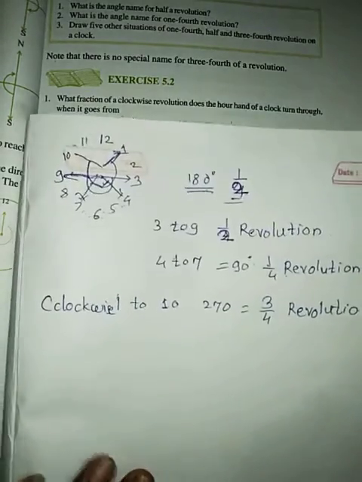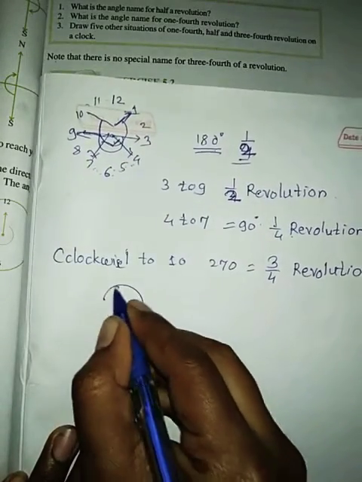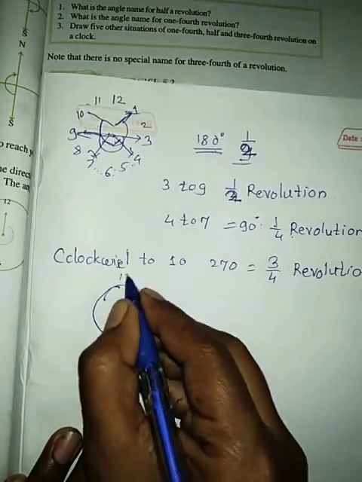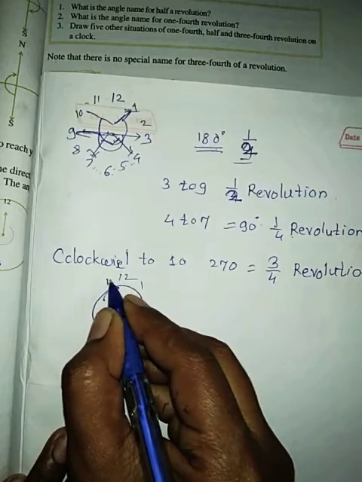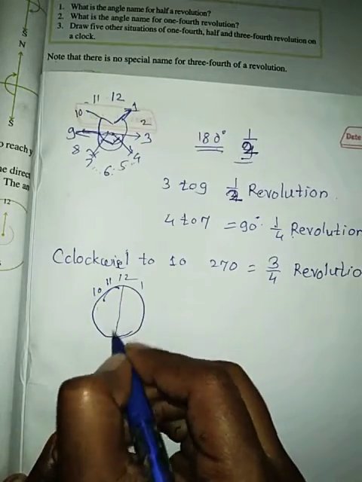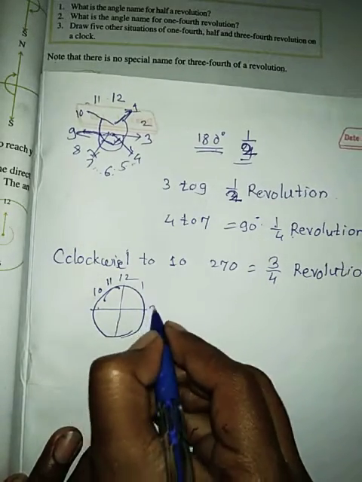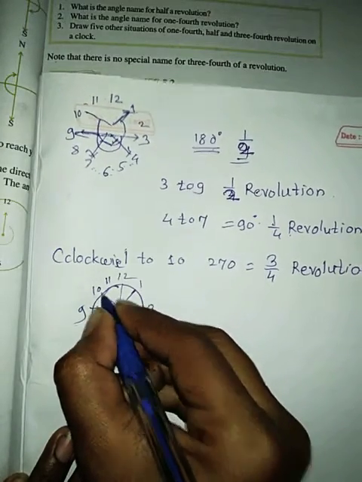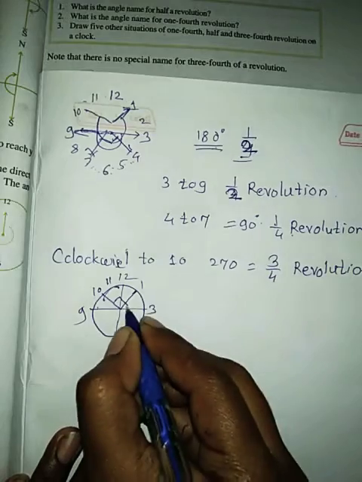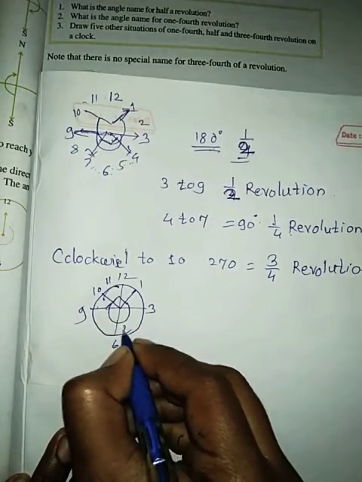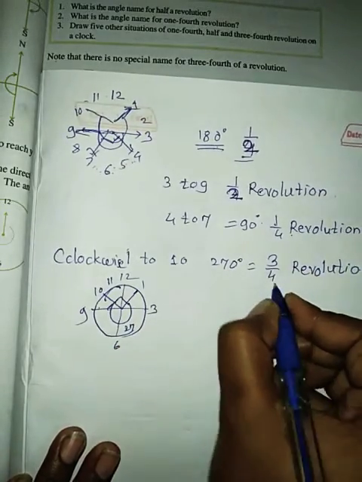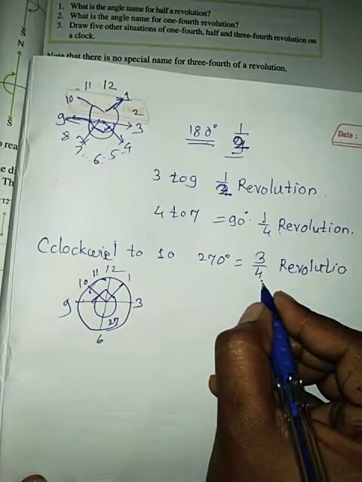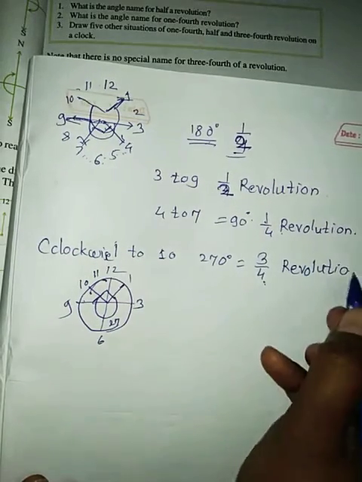See here, I'll show you again. Here 12, 1 here, here 11, and here 10 is there. Okay, this is 90, 90, 90, here 3, here 6, here 9. Now from 1 to 10, the total revolution is 270 degrees. So 270 is nothing but 3 by 4 revolution.